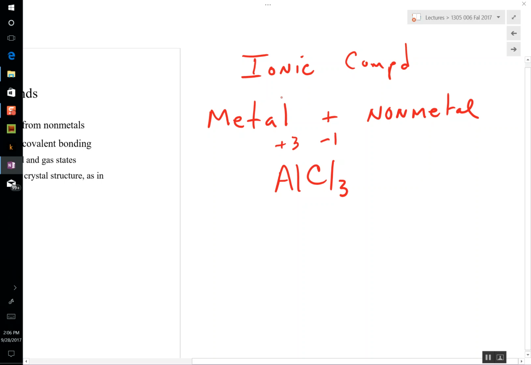The metals tend to lose electrons, and guess what? Nonmetals tend to gain electrons, so that is kind of the perfect situation. Like someone who loves to cook meeting someone who loves to eat. It's a perfect situation. All right? So here's what's happening. Metal and nonmetal, you get an ionic compound.